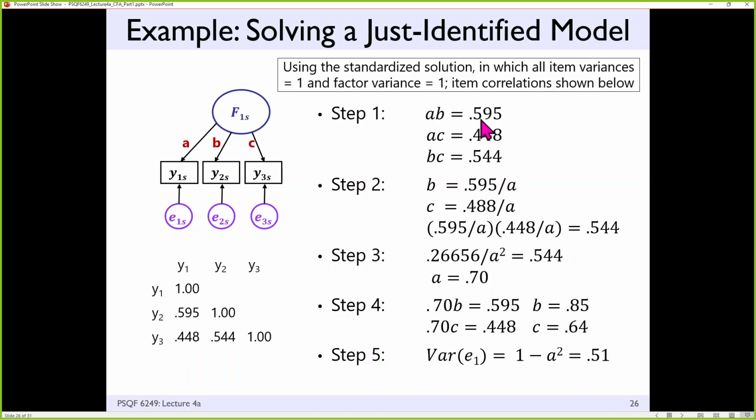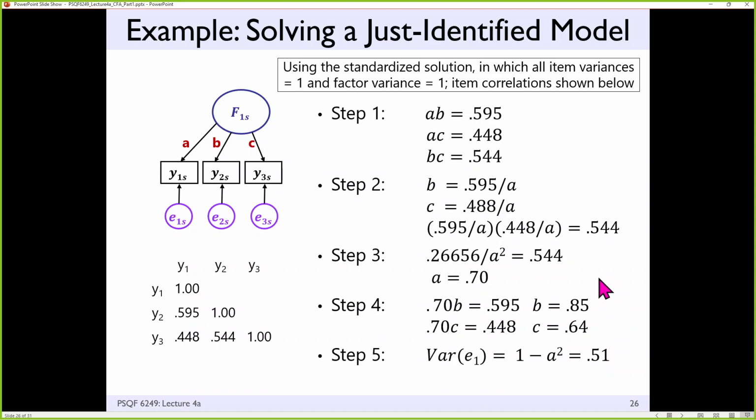Okay, so I know AB has to be that number. Following the same logic, the correlation between 1 and 3 has to be due to A and C, and then BC covers 2 and 3. And then if I decide to solve for B and solve for C, then I can figure out what A is and work backwards and get the rest of them.